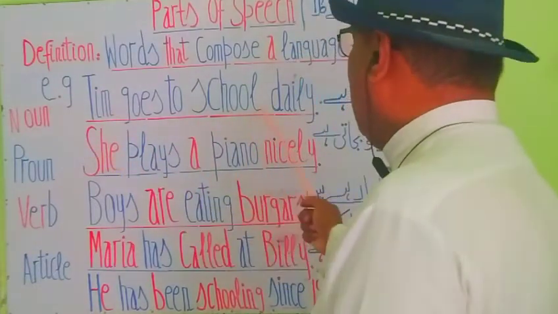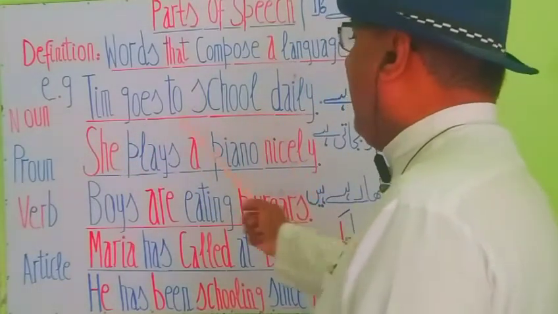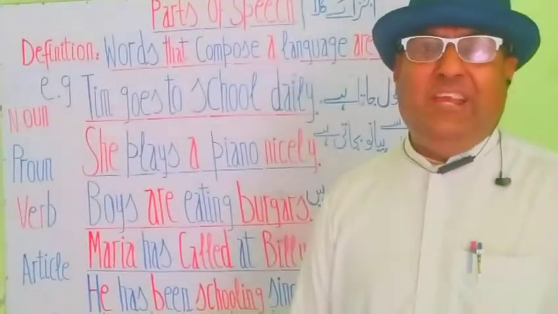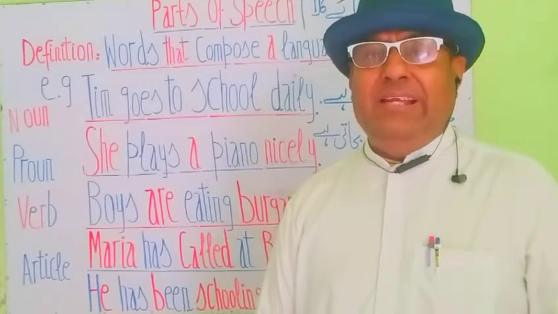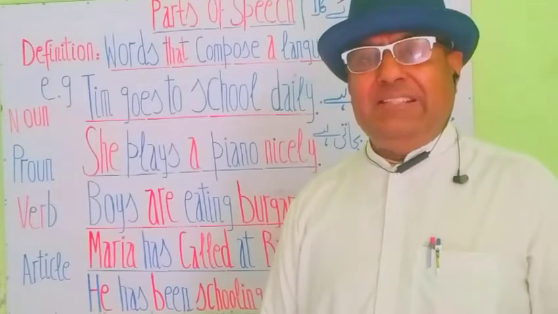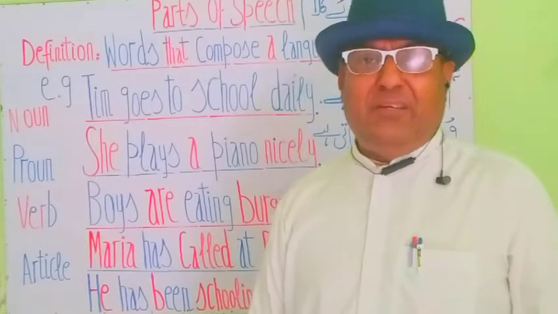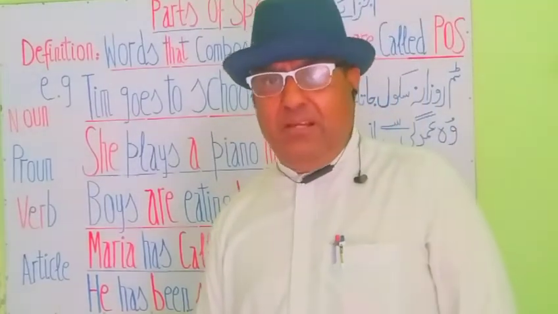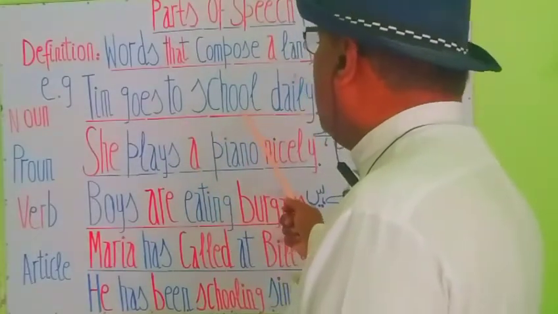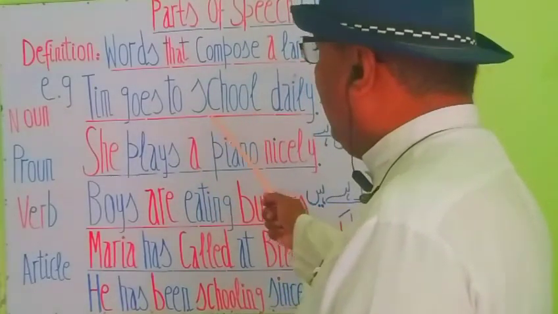We have a definition of a noun: a noun is the name of a person, a place and a thing. In this example, Tim and school both are nouns.